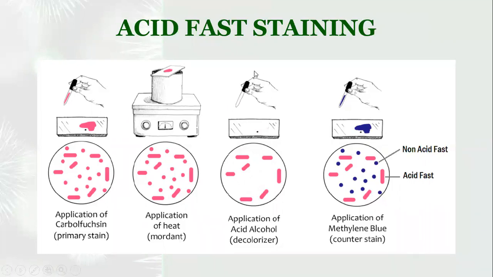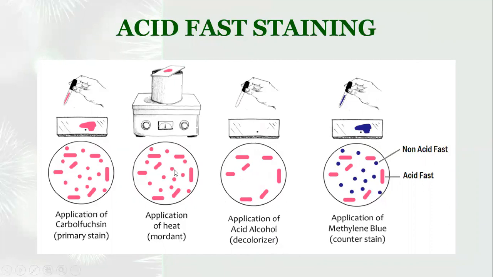Then decolorize the smear with acid alcohol, which contains sulfuric acid in an alcohol solution. This acid alcohol dissolves the primary stain of non-acid fast bacilli.